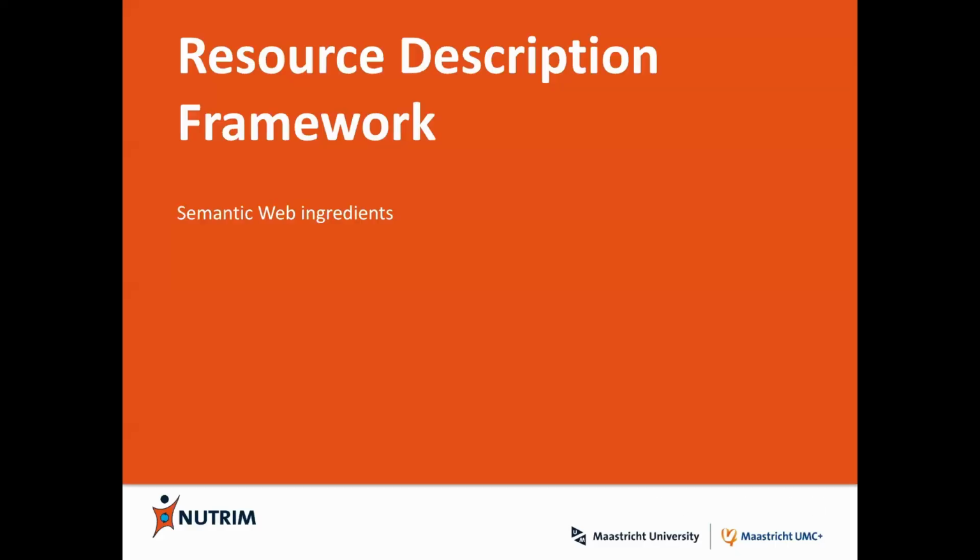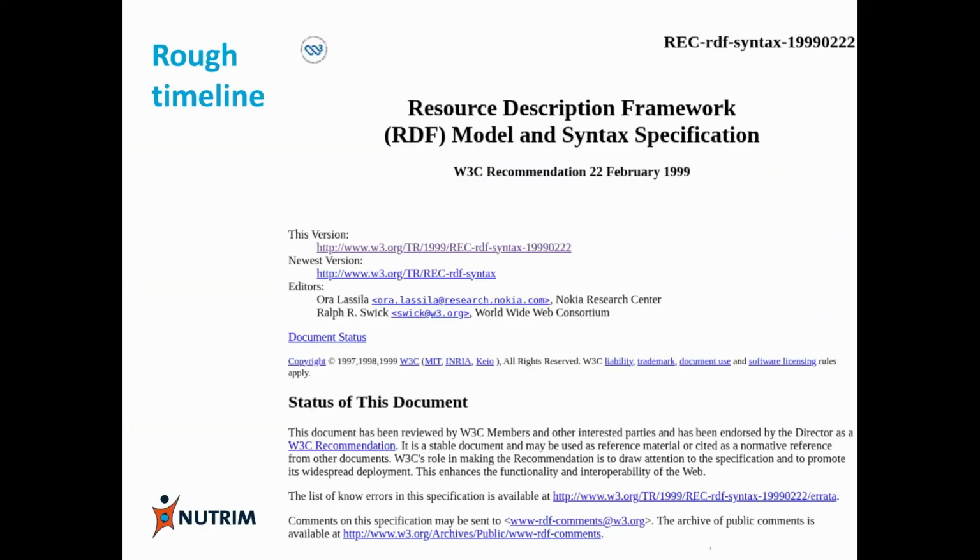Now, one of the things that I started exploring as part of my research is how the resource description framework can help with this, and along with RDF, the various other aspects of the semantic web. And a bit of history here: it has been around for some time. The original specification was published almost 27 years ago.